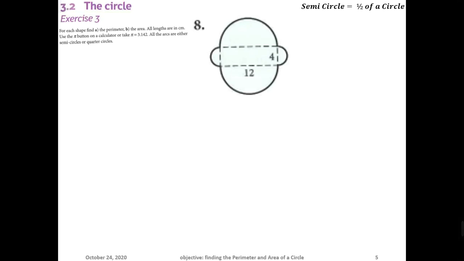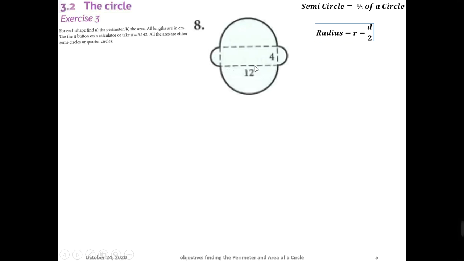Let's start with the big semicircle, and let's remind ourselves that a semicircle is actually half of a circle. So the radius of the big circle is not 12, it's 12 over 2, because the radius is the distance from the center of the semicircle to the circumference.